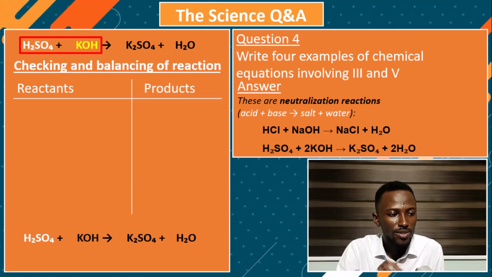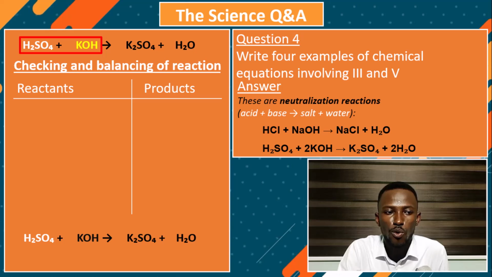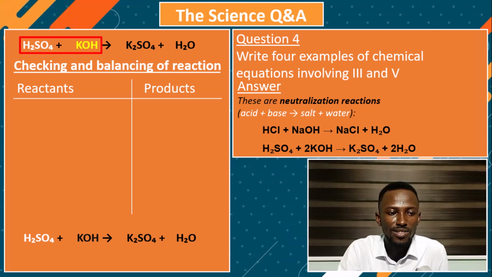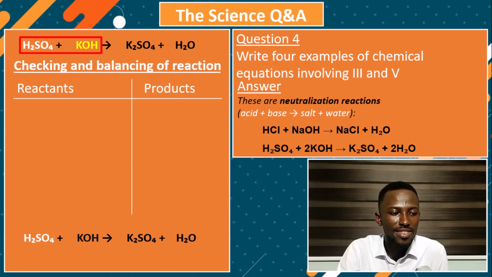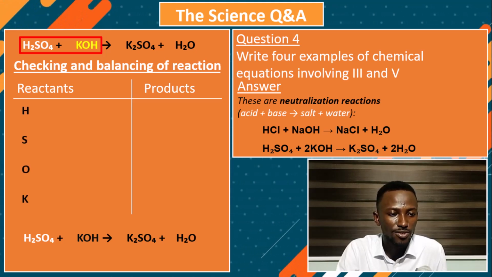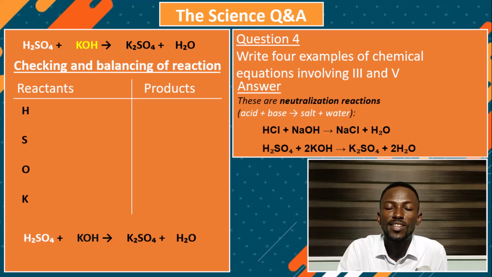For H2SO4, we have hydrogen, sulfur, oxygen, and for KOH, potassium. Then you see that oxygen appears in the KOH again, and the hydrogen appears. So here are the elements in the reactant: hydrogen, sulfur, oxygen, potassium. Remember, we've not repeated the hydrogen twice, and we've also not repeated the oxygen.